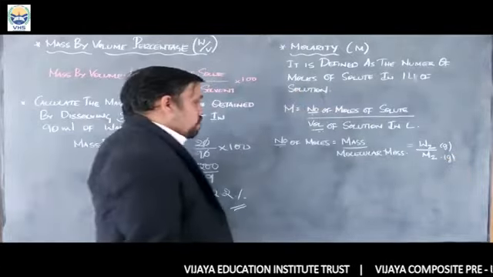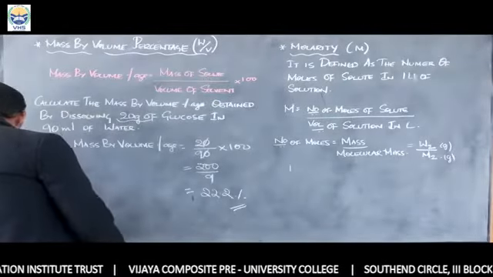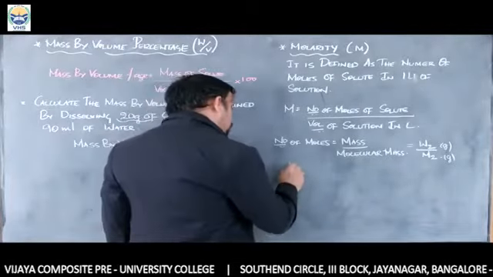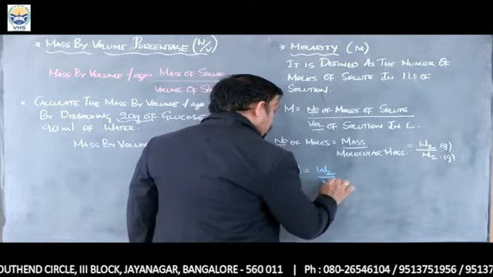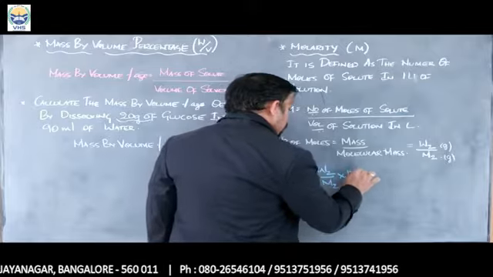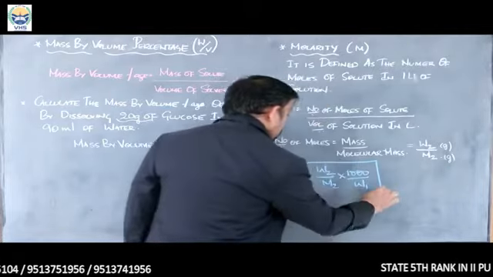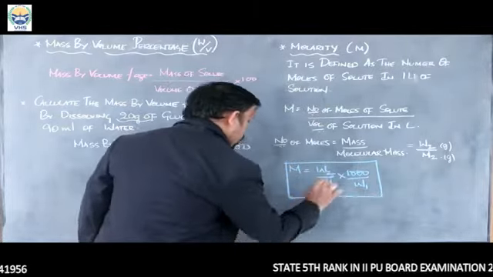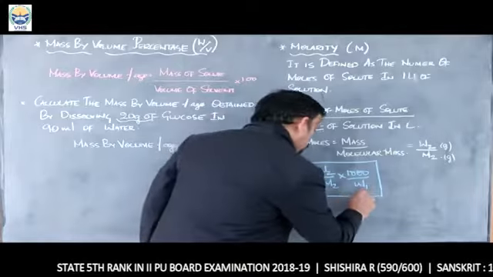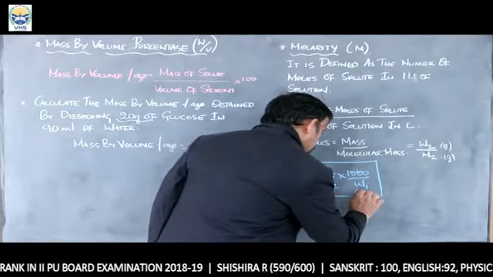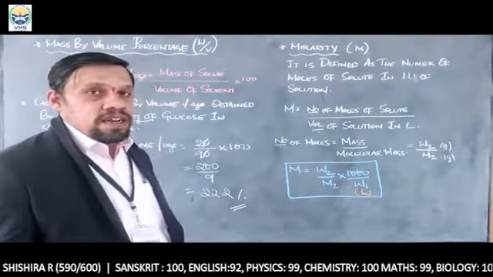Now you can write the expression: molarity is equal to W2 by M2 into 1000 by W1. You people have to pay extra attention over here. So here W1 will be in liters. Okay, W1 will be in liters.